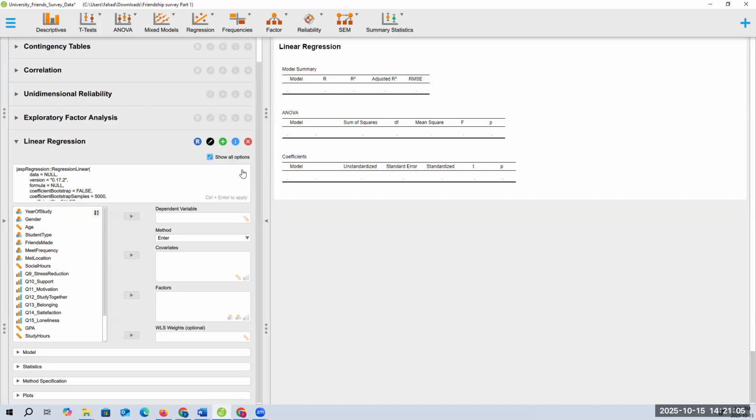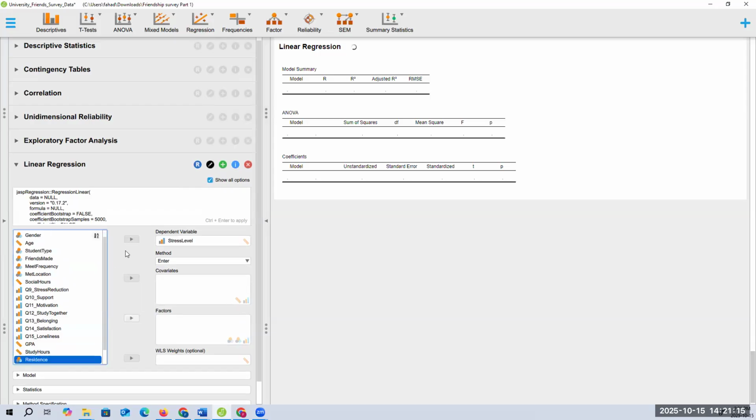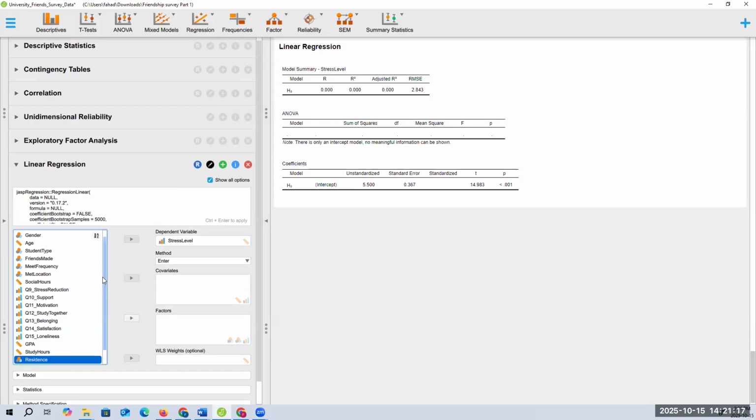Logistic would be categorical, I believe. So let's go with linear regression, stress reduction over here. Stress level goes to my dependent variable. And then I can take stress reduction as my IVs. So would that be factors? Yeah.